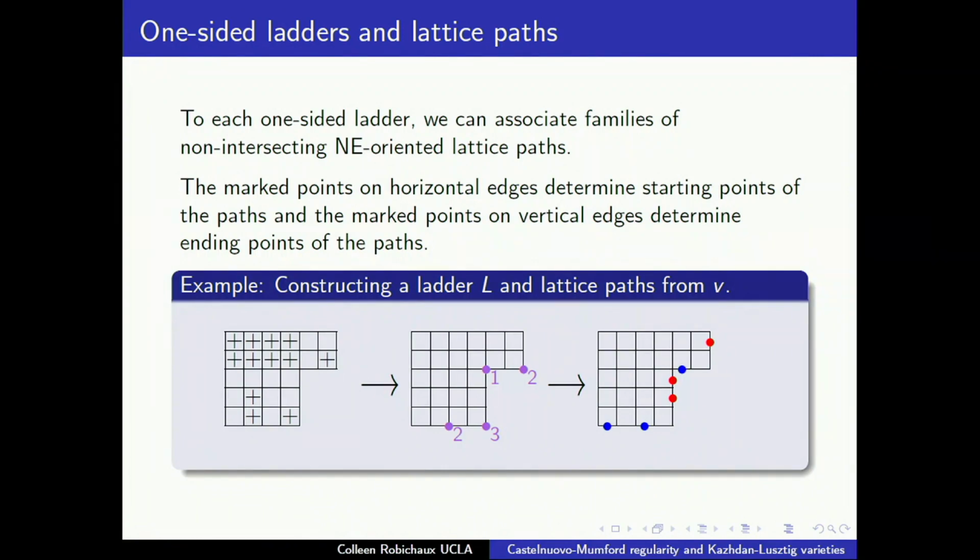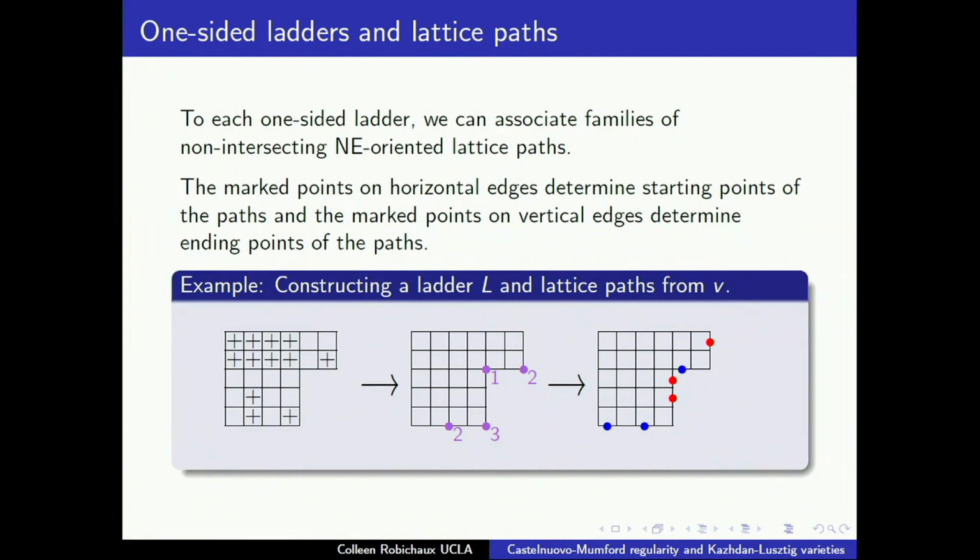All right, so to these one-sided ladders, I can associate a family of non-intersecting lattice paths where the marked points here are going to allow me to read off starting points that I'll label on the horizontal boundaries of my ladder and endpoints that I'll record on the vertical boundaries of my ladder.